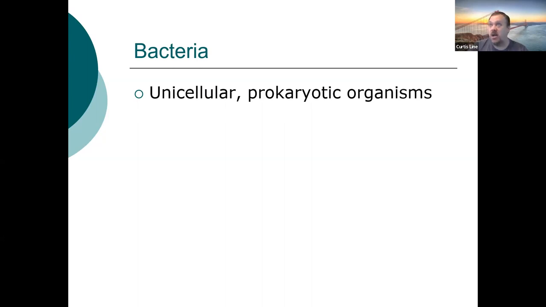So you can say bacteria, you can say prokaryote, because only bacteria have prokaryotic cells, okay? And bacteria is unicellular. That means that they are made up of one single cell. So bacteria are single-celled organisms.